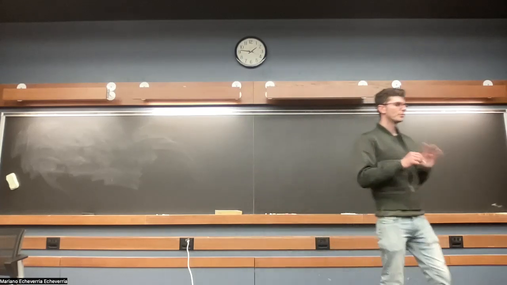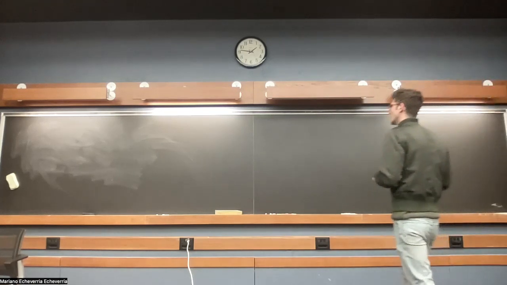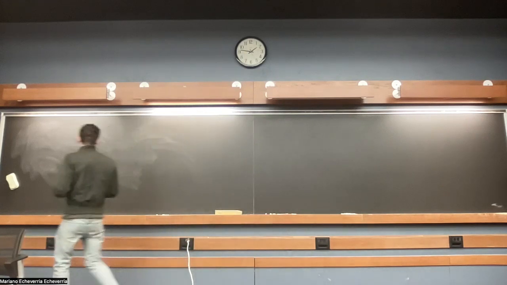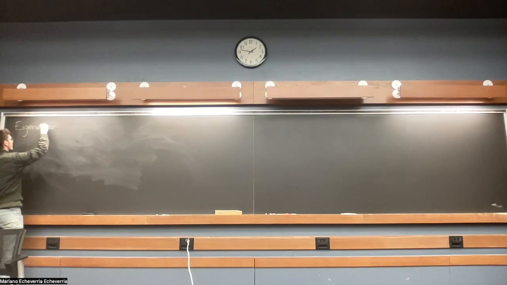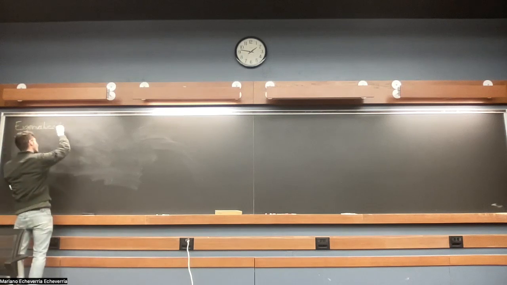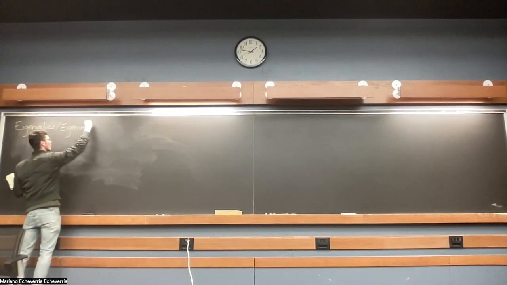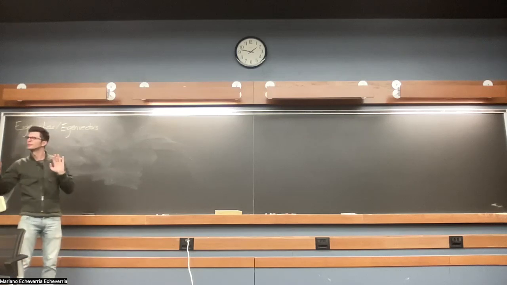So today, the idea was to continue talking about eigenvalues and eigenvectors, which we had started last Monday. So let me remind you what this topic is about. Yeah, there are no questions before we start, right?